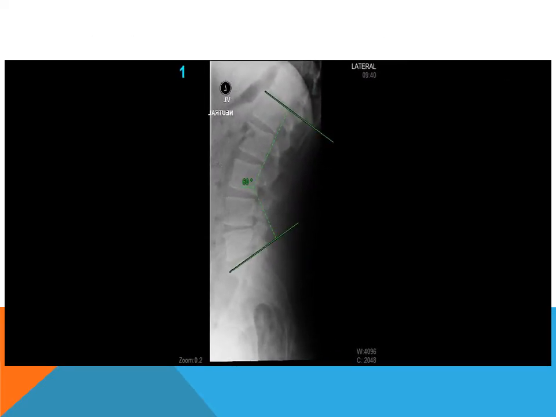So here, for those of you that are watching the PowerPoint presentation, I've measured the lumbar lordosis. I have here a neutral lateral lumbar X-ray projection.